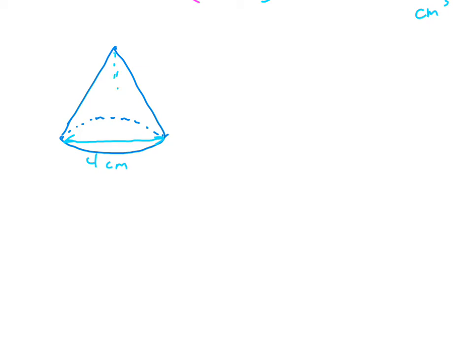So here's the cone again. And let's see if I can get a good dotted line here. That's not bad. Okay. So again, dimensions of the cone are 4 centimeter diameter base, and then 6 centimeter height.